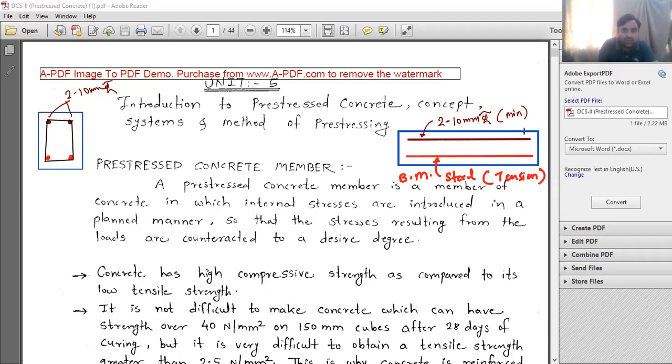If you see this steel bar, I'm talking about prestressed concrete. This is in a normal beam. In the prestressed concrete beam also the same thing is there, but the difference is that this is the bar which is at the bottom.